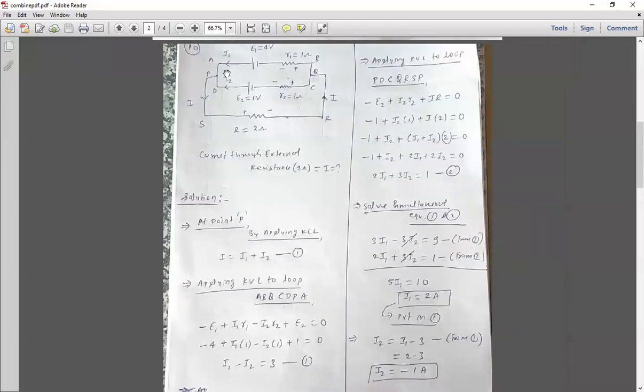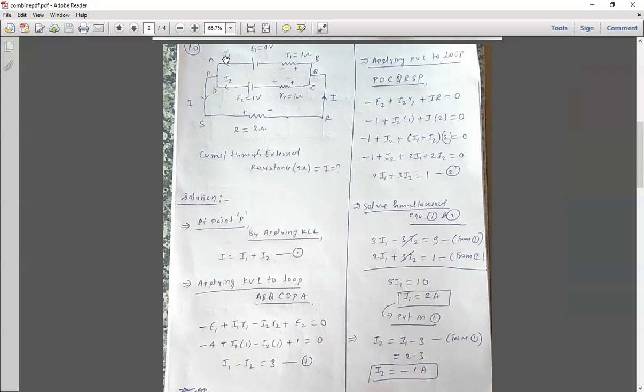By the name you are going from A to B first. The direction of these currents you have to put logically, as current always starts from the positive terminal, so I put I1 moving towards A and I2 moving towards point D. Let's see Kirchhoff's second law to loop AB.